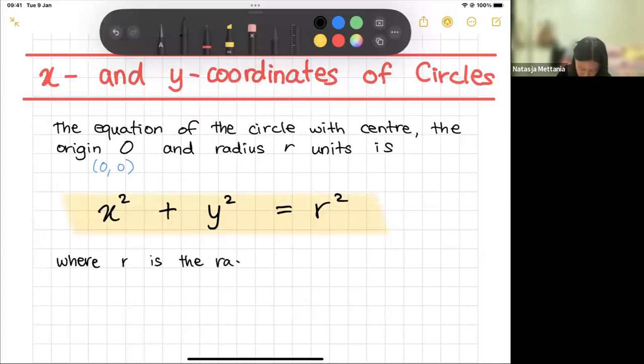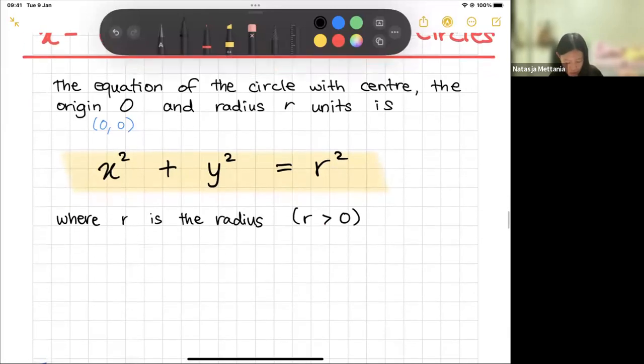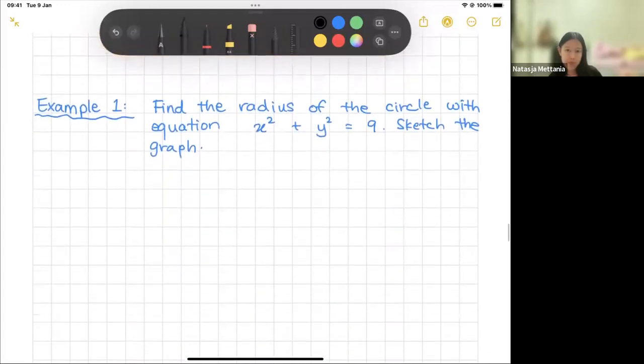However, there's one condition: the radius needs to be greater than 0. I'll explain the reasoning later on. So that's my equation. Super easy. Let's go into our example.